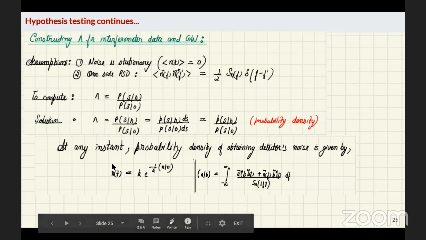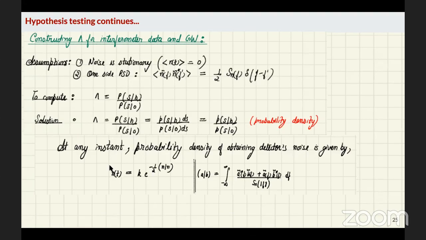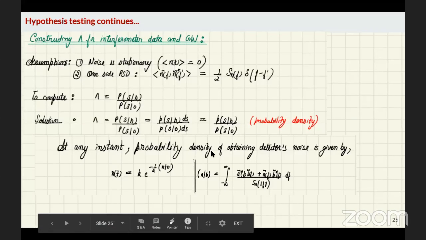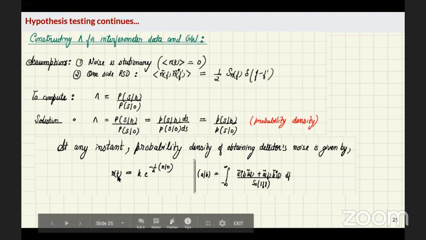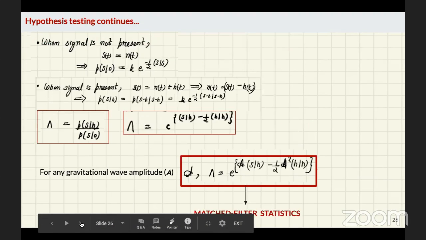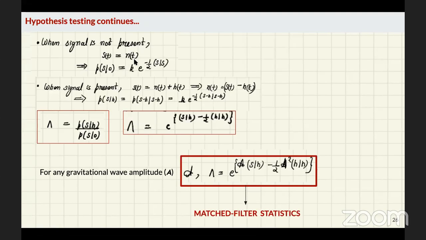Okay, so if we go with the same recipe which we developed in the previous slides, at any instant the probability density of detecting noise n(t) is given in this form. Since we have said that the noise is stationary and Gaussian, this noise is basically a Gaussian distribution. Now, when the signal is not present, my P of S given H0 is basically a Gaussian distribution.